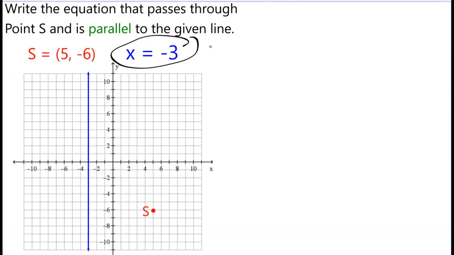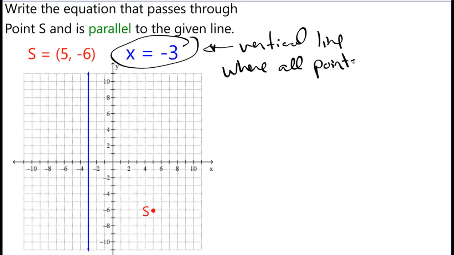When x equals a number, those are vertical lines. That means all the points with the same x coordinate. So we see the x coordinate here is 5.